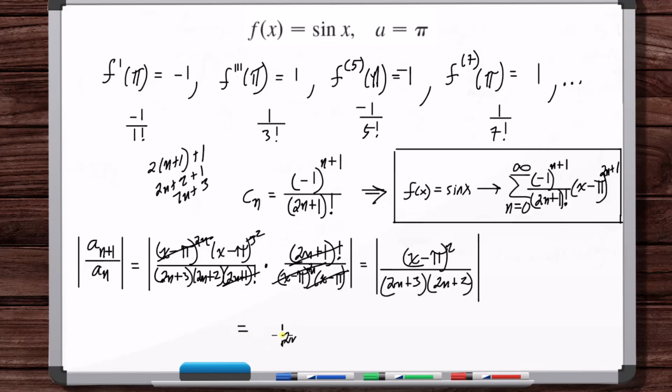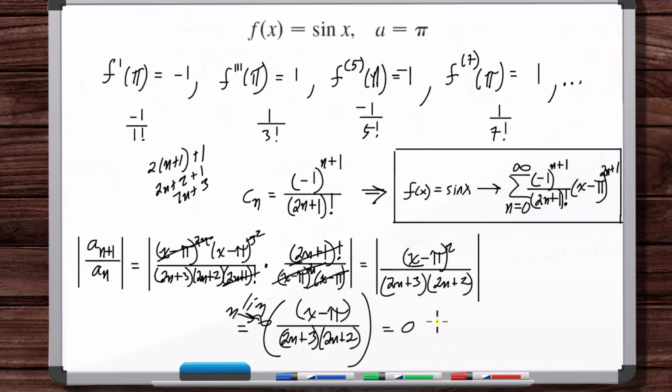We can take out actually all of this. With the squared here, all of this will be positive. It's always positive. So the limit as n goes to infinity of this is going to be 0 for all x. Okay, so r is equal to infinity.